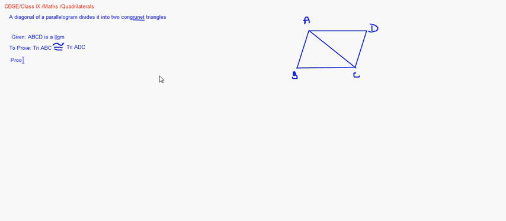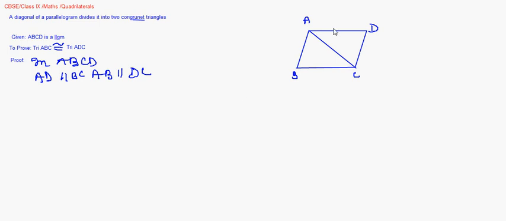We start writing here the proof. Now, because ABCD is a parallelogram, AD is parallel to BC. In ABCD, AD is parallel to BC and AB is also parallel to CD, or DC.